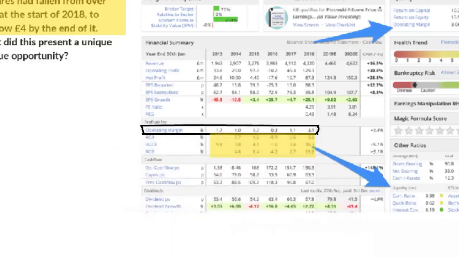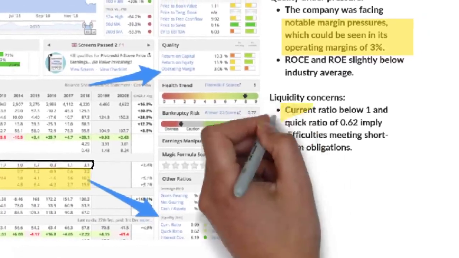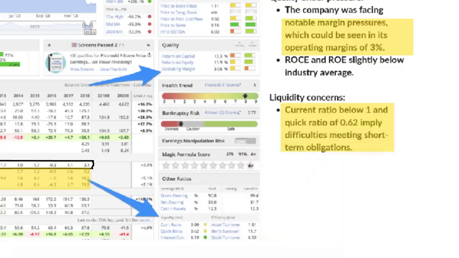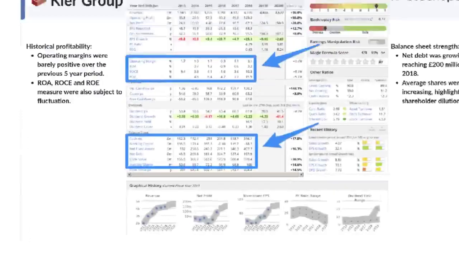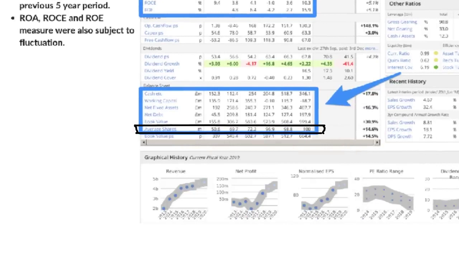The company was also facing liquidity pressure, with its current ratio below 1x and quick ratio at 0.62x, with a high increase in debt. Average shares were also increasing, highlighting shareholder dilution to raise money for a cash-guzzling business.